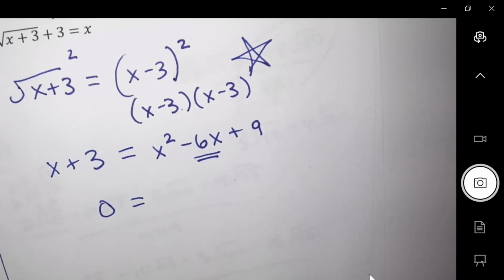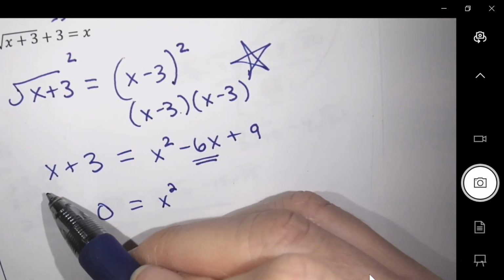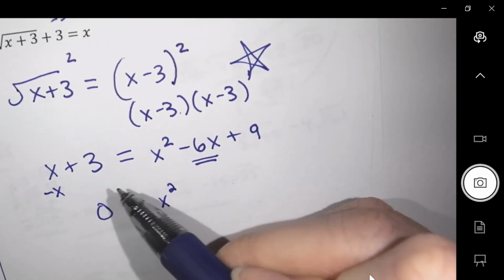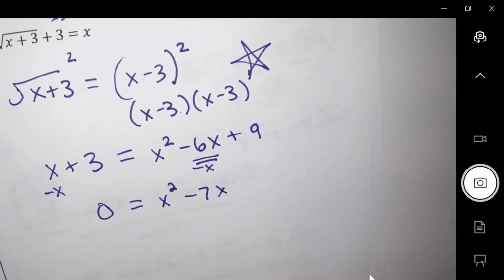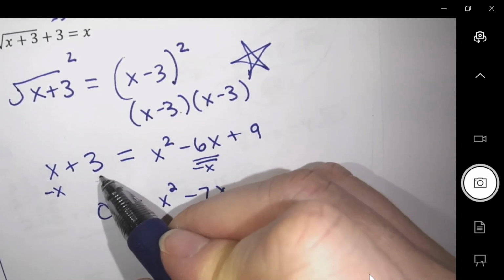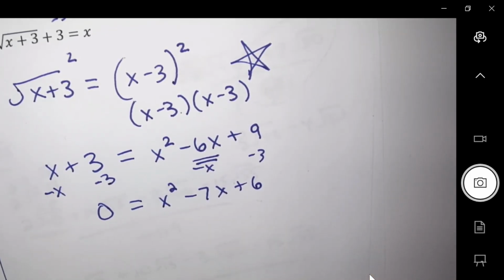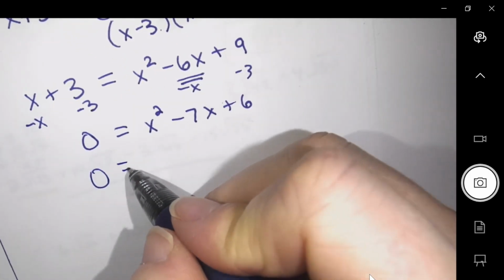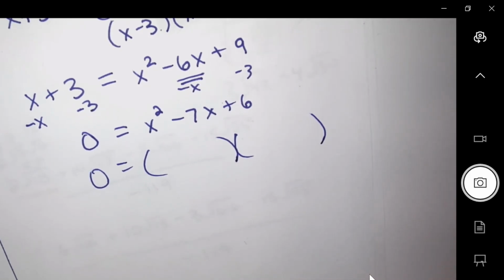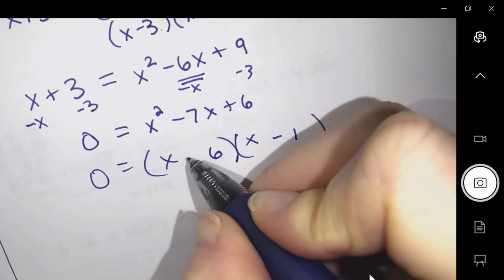X squared is the boss, so it's going to stay. I'm going to subtract x. Subtract 3. And does it factor? Do you have something that multiplies to 6 and adds to 7 somehow? 6 times 1, negative, negative.